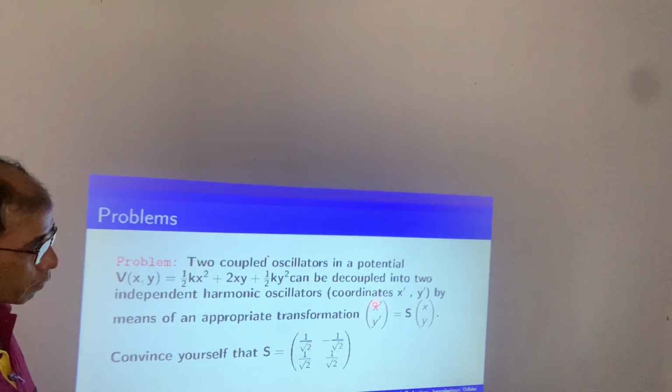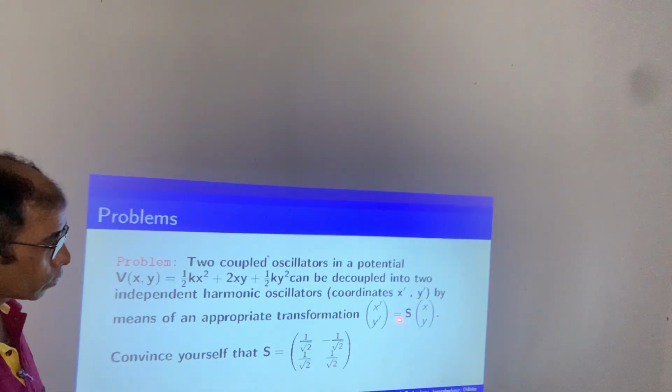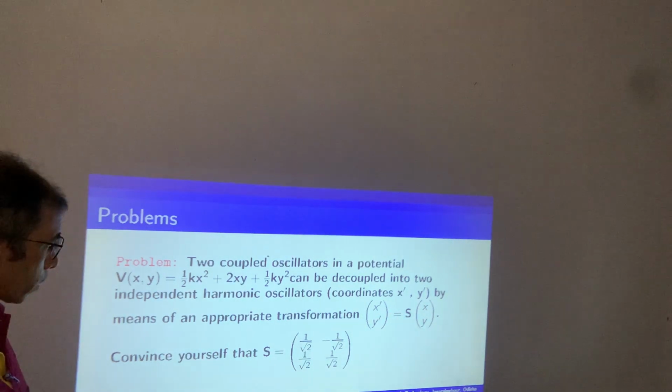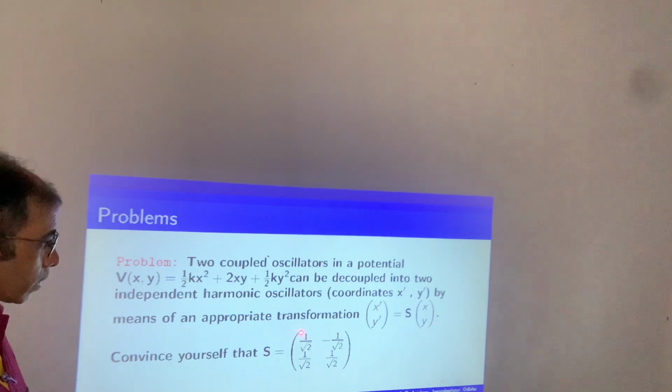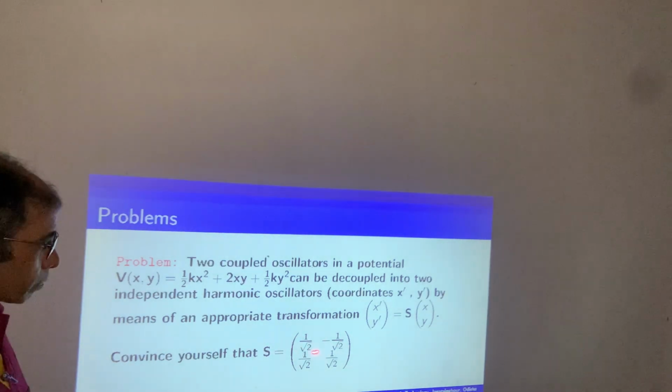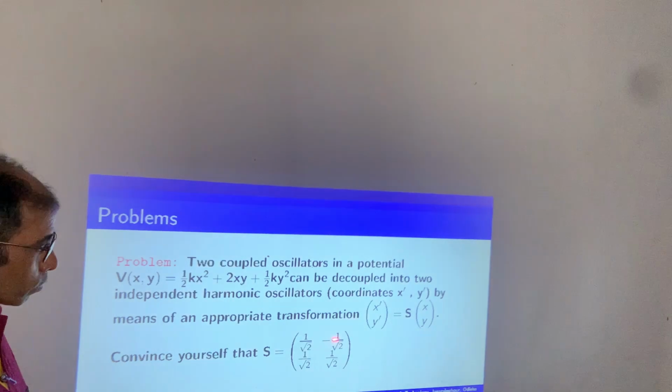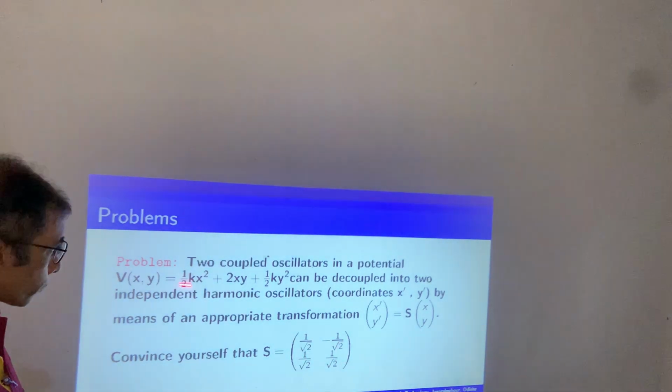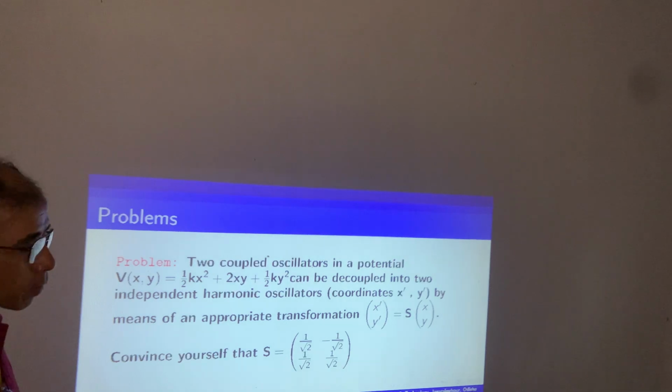The transformation is given by x prime, y prime in matrix form, equal to S times x, y. Convince yourself that S is equal to 1 by root 2, minus 1 by root 2, 1 by root 2, 1 by root 2, then these two oscillators are decoupled.